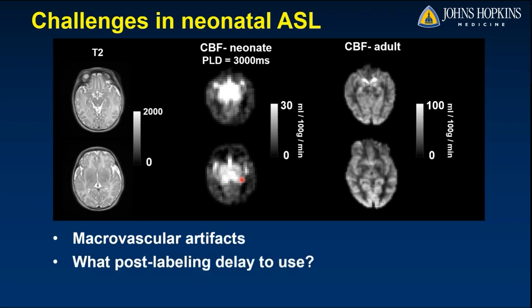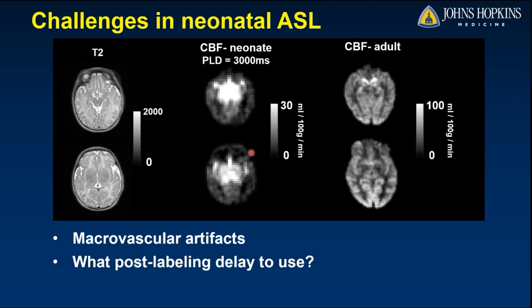This raised another challenge in neonatal pCASL. We don't know what post-labeling delay to use because the arterial transit time of healthy, non-sedated neonates has not yet been systematically studied. And we can also notice that the neonatal CBF map is suffering from very low signal to noise ratio.